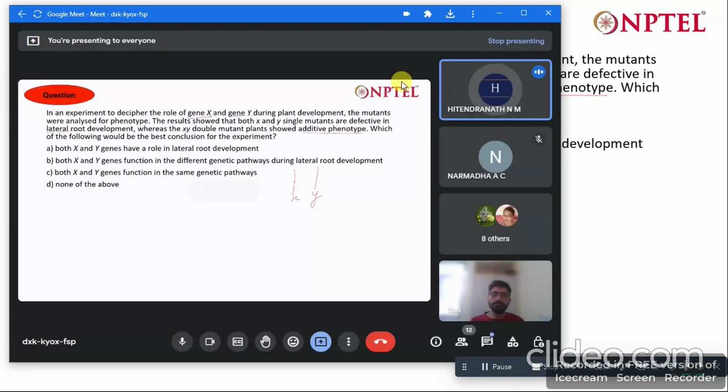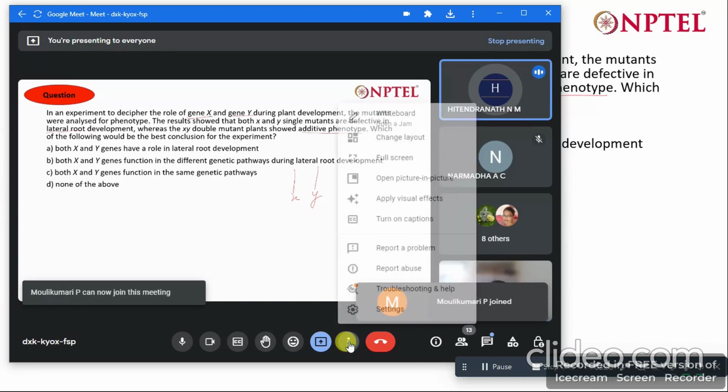So, what does it mean? You mentioned they have shown the additive phenotype, what does it mean, sir?